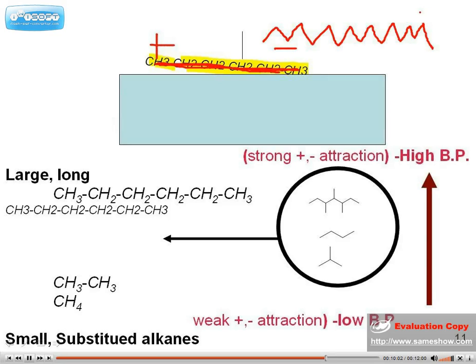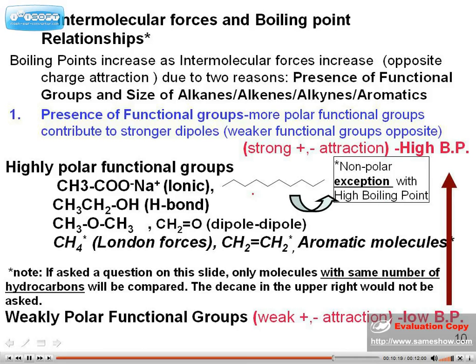And the London forces can become so strong that they can actually rival the functional groups of more powerful intermolecular forces, such as ionic forces. So if we went back to slide 10, we could see that the decane intermolecular forces, even though they're London, can compare and rival the ionic forces.